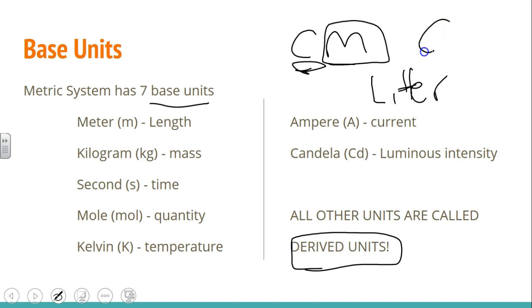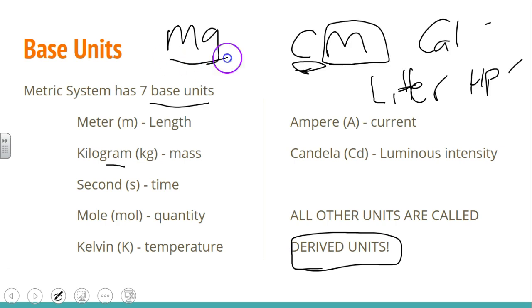Other things that you may know are things like calories, horsepower if you're a gearhead, all these things. Since calorie and horsepower are not on the list, they're derived units. Something like a milligram. Well, here's kilogram. So this is a base unit because, yes, it's got a prefix in front of it, but it's still from the kilogram.